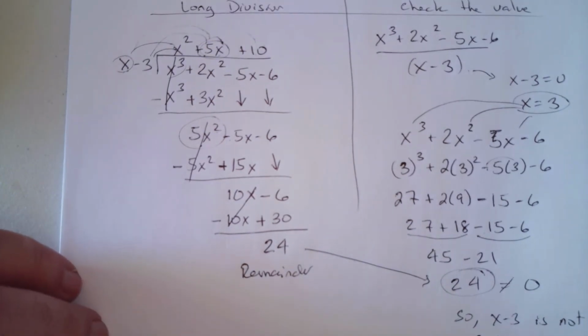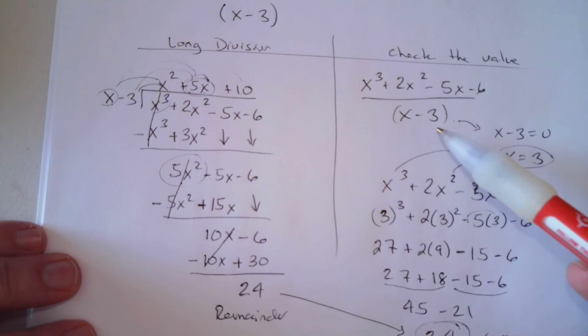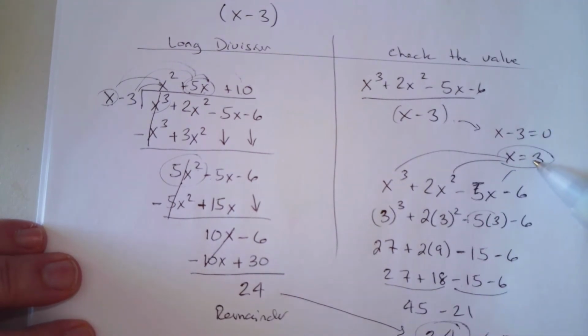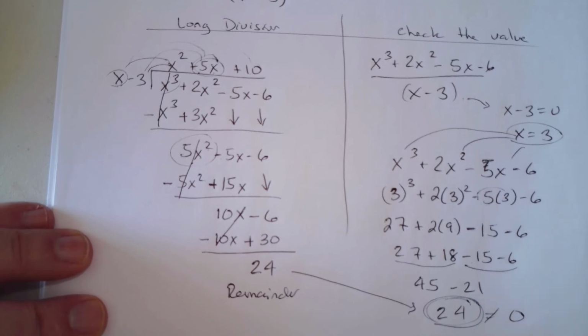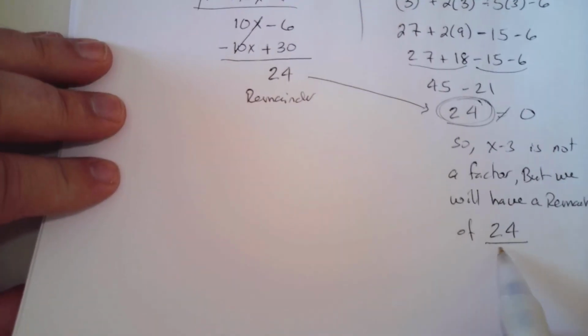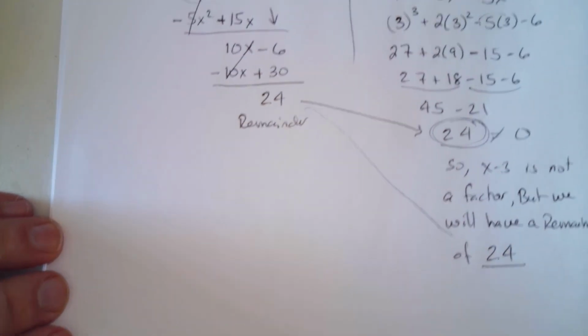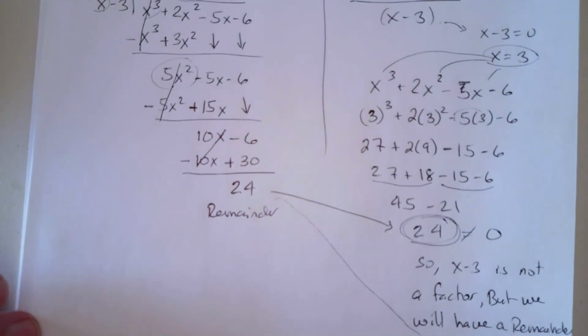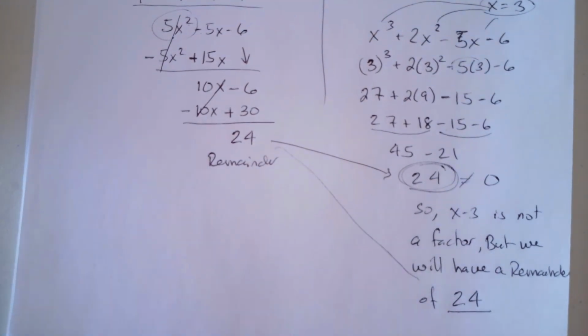So if we do it this way, take the bottom, set it equal to 0, plug it in there, we can find the remainder as a remainder of 24, which is exactly the same as that one. Okay, so that's looking at both ways.